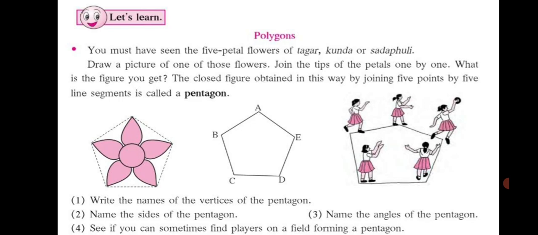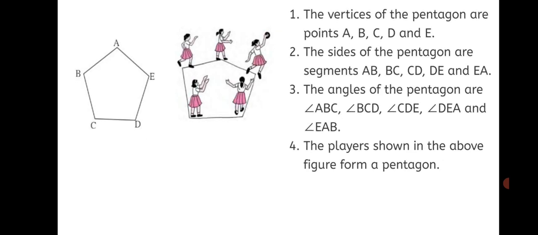So let's have a look at the answers once again. The vertices of the pentagon are point A, point B, point C, point D, and point E. The sides of the pentagon are segment AB, segment BC, segment CD, segment DE, and segment EA.